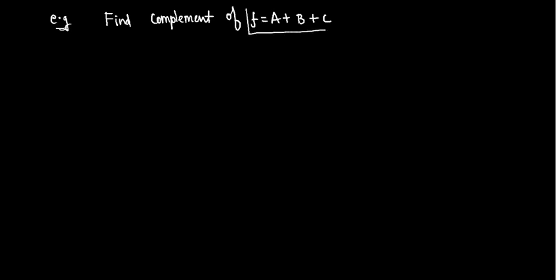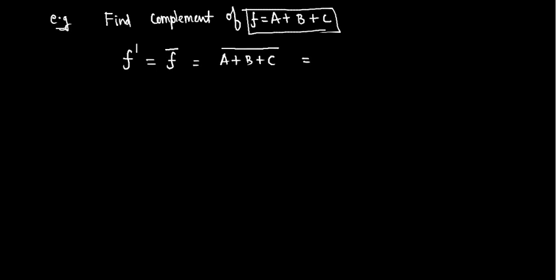Can you find the complement of this? It's easy. Whenever the complement is asked, just put a bar there. Always remember, the representation of complement is a bar or a prime. I can also represent it like this. It's called f prime or f bar. Both are the same. So, a plus b plus c, the total bar.